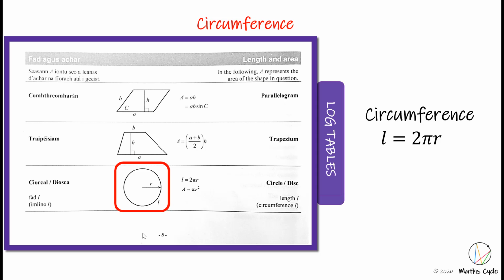Then we have our formula for the length of the circle, which we know is the circumference, so L equals 2 pi r. If you look over on the right hand side, it does specify that the length L is the same thing as the circumference L for our circle. Now we'll do a wee example.